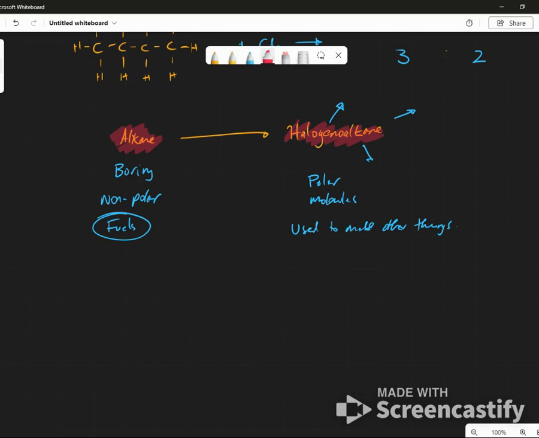If you're ever given an alkane and you're told, I've got to make something with it, the first thing you've got to do is ultraviolet light and chlorine, because you've got to make the halogenoalkane. And then once you've got the halogenoalkane, you can do loads with it. But you can't do anything with an alkane. Are you good with that? Anyone? Okay.